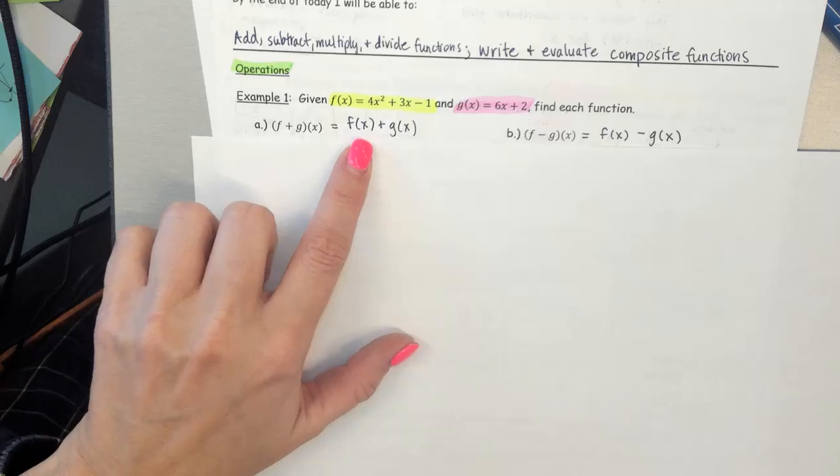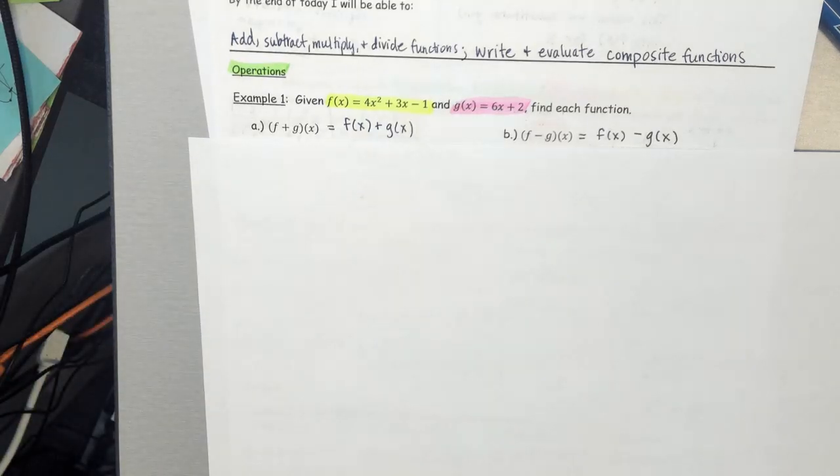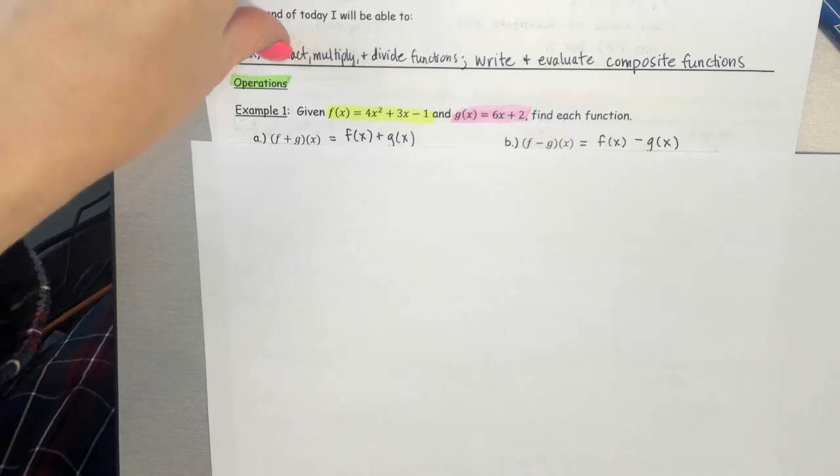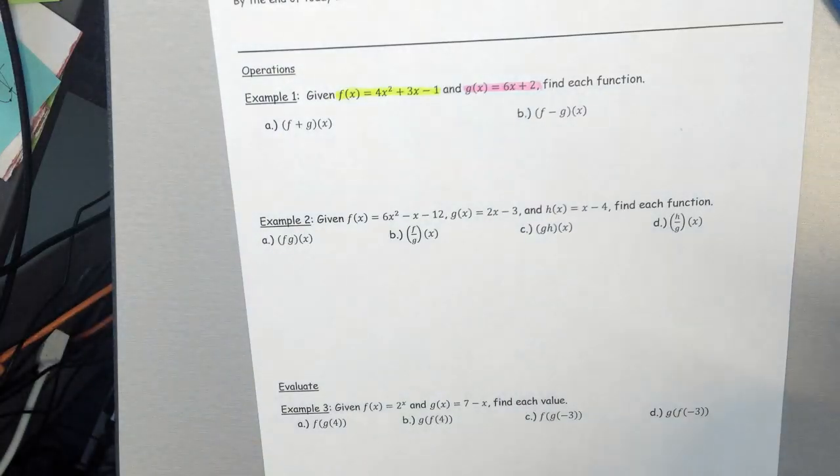I want you guys to try to do the first one. You are just going to plug in the function for f of x. So think about what your f of x is and what your g of x is, and then we are just going to be adding those together.